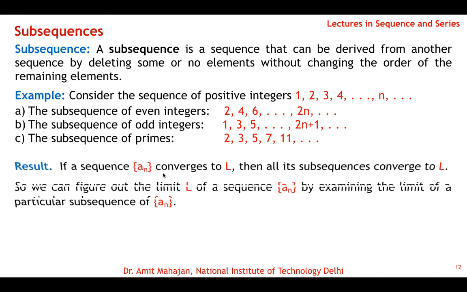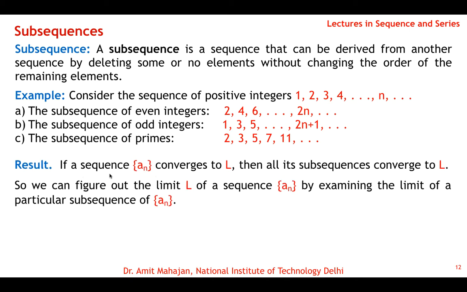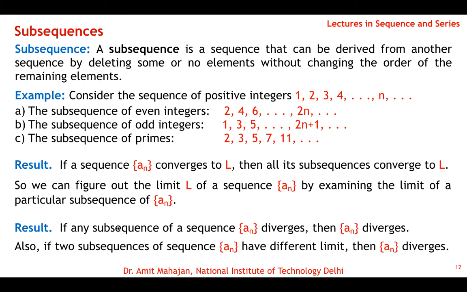If a sequence an converges to L, then all its subsequences converge to L. That's an important result. So we can figure out the limit L of a sequence an by examining the limit of a particular subsequence of an. Also, if you can prove that any subsequence of an diverges, then the sequence itself diverges.